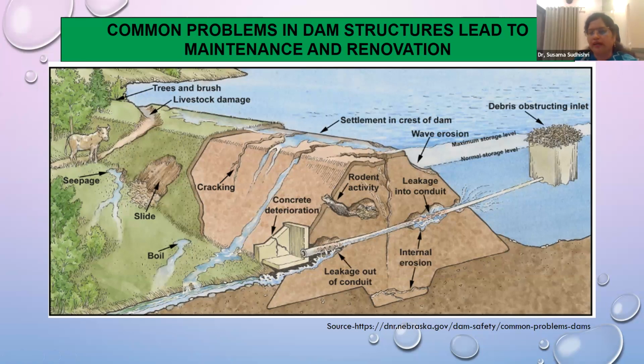These are the reasons for cracking in the dam. There may also be settlement in the crest of the dam, wave erosion due to wind velocity, or sometimes excess storage upstream. There may be a debris problem at the inlet, due to which there is internal erosion and leakage of the conduit. These are some of the reasons for failure of these dams.